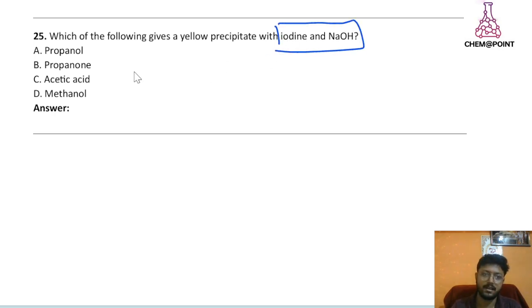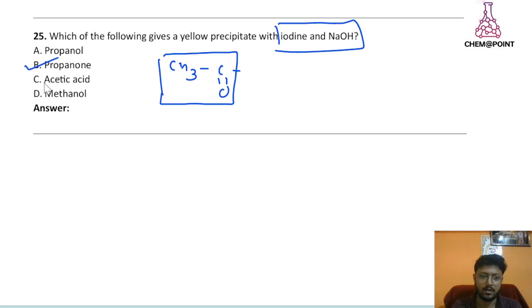The carbonyl C double bond O must be there. Propanone, yes. Acetic acid no. Methanol no. Answer is B. So students, this is the 25 question MCQ.